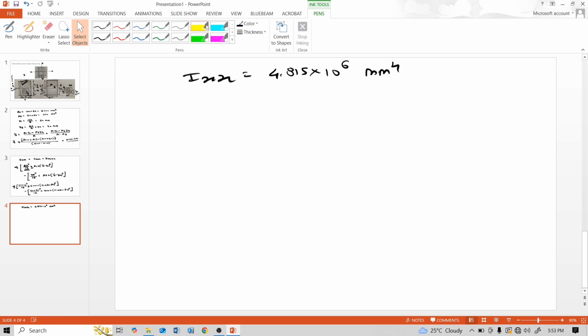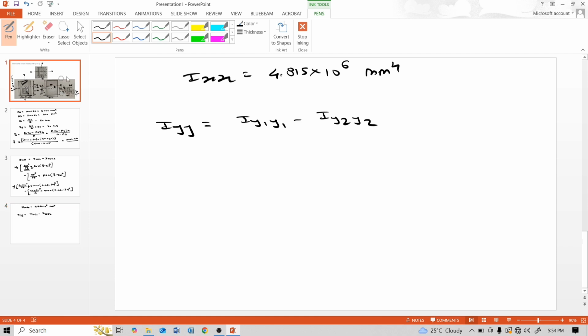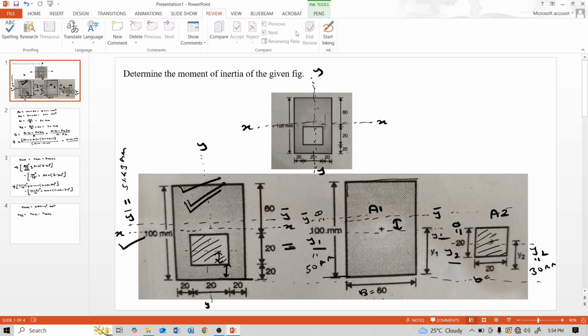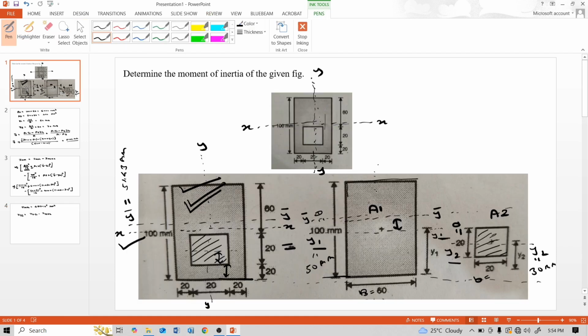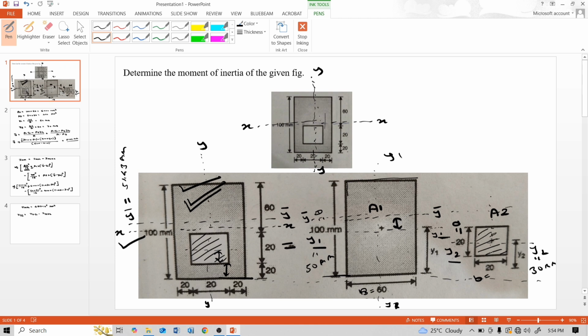For calculation of Iyy, Iyy is equal to I y1 y1 minus I y2 y2. This y1 y1 is this rectangular part, and y2 y2 is the square part.